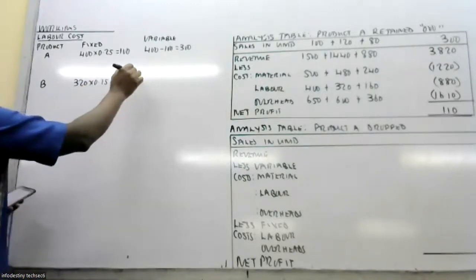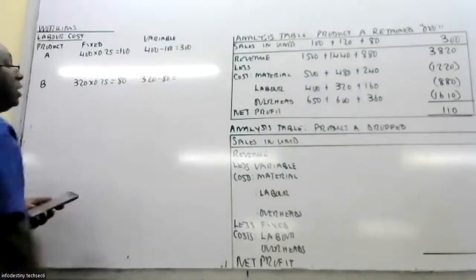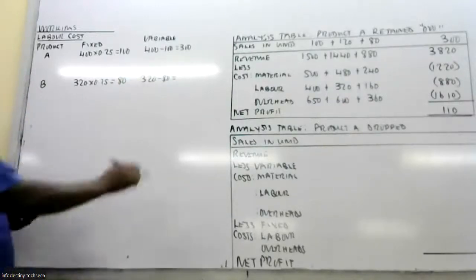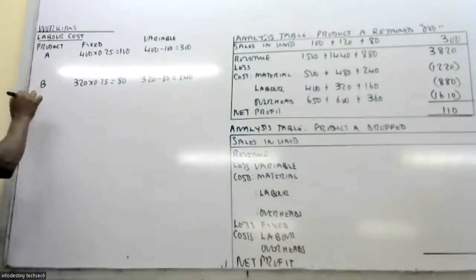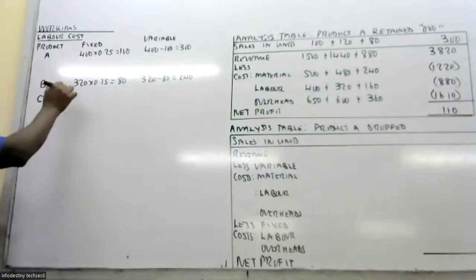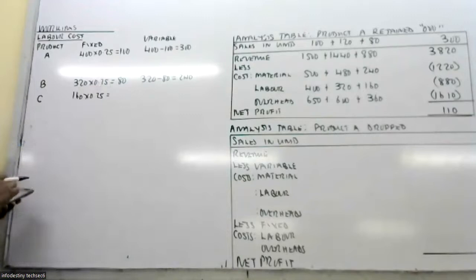So the variable will be 320 minus 80. That gives us 240. When we go to product C, we have 160. Inatupea ngapi?